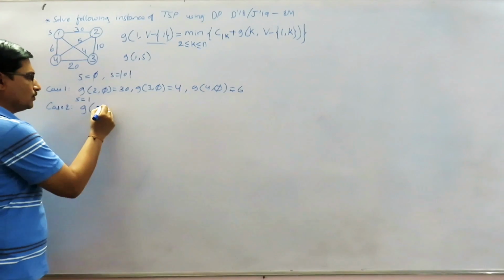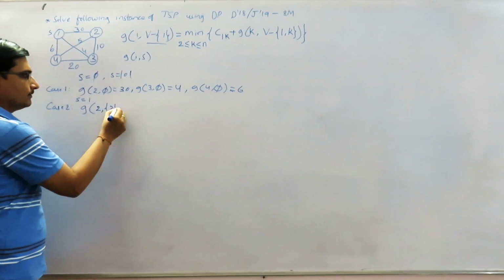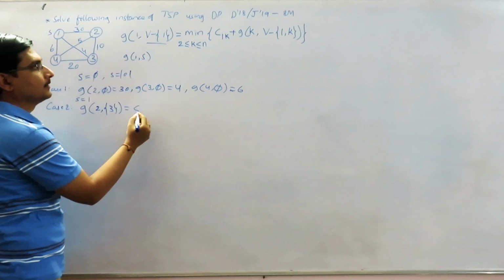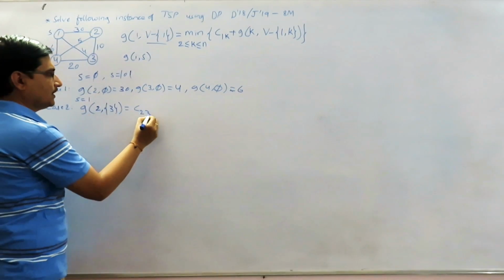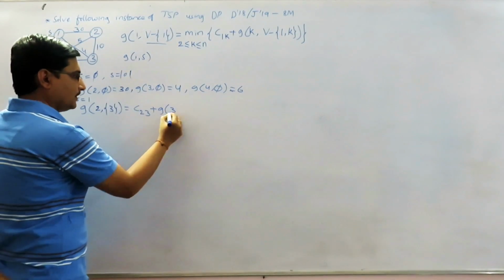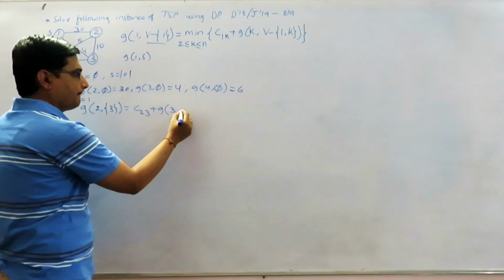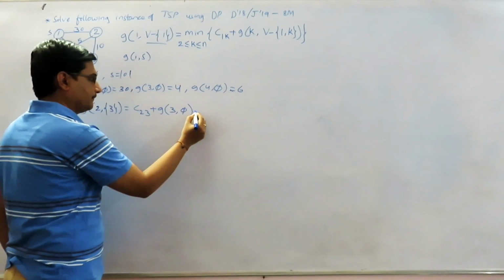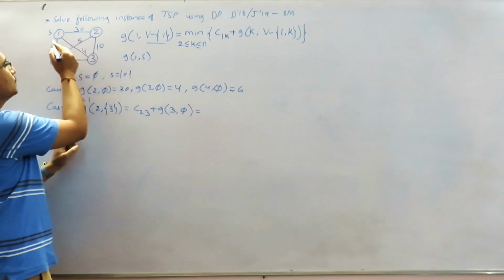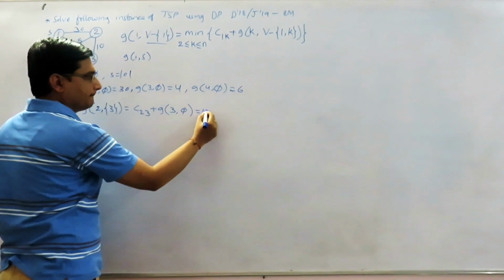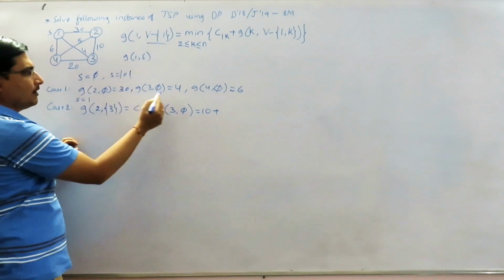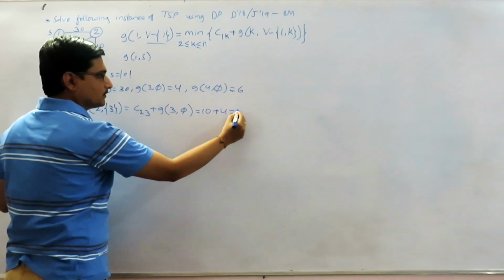So 2 to 3: this will be C of 2 to 3 plus G of 3 comma phi. C of 2 to 3 is 10 plus G of 3 is 4. So this is equal to 14.